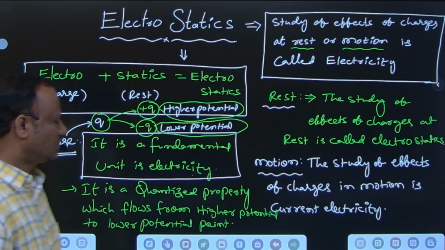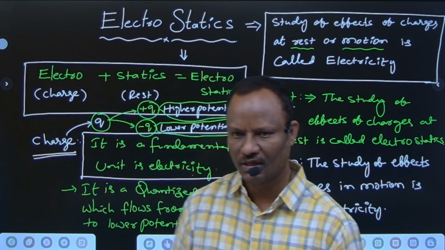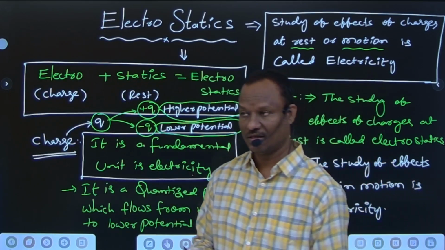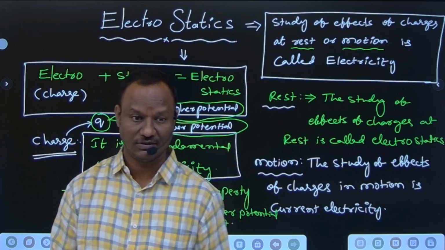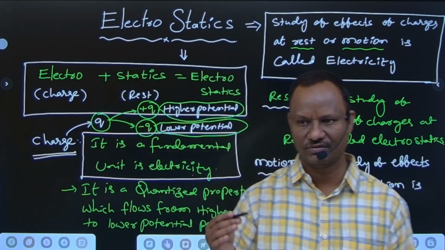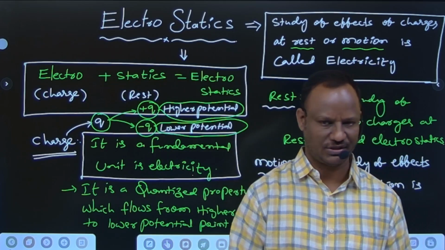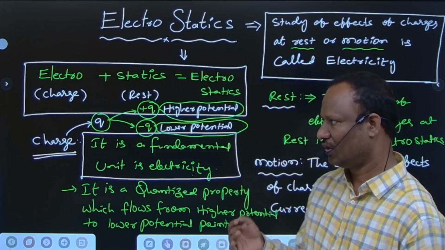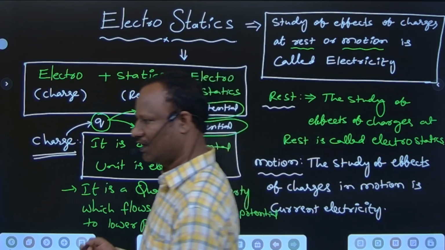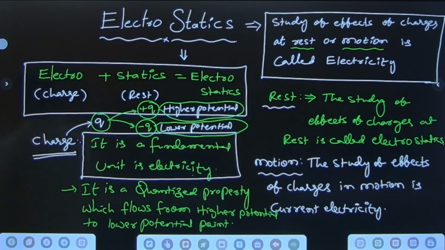So what do you think if the charge is at rest, if the charge is in motion, if the charge is moving with a uniform velocity, if the charge is moving with an accelerated motion? Does it produce an electric field or a magnetic field, otherwise electromagnetic fields?